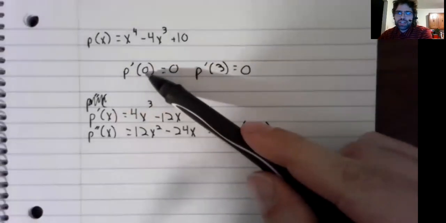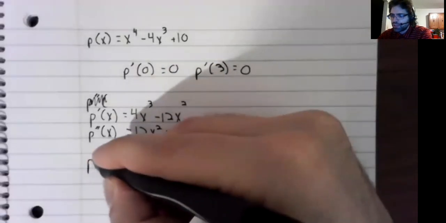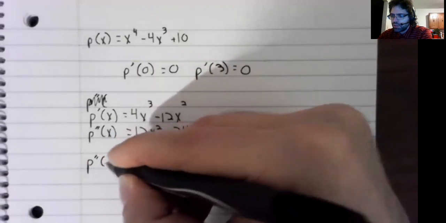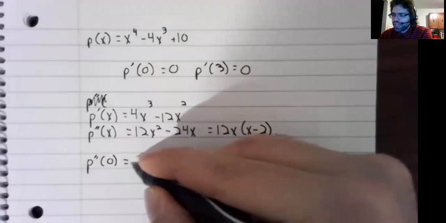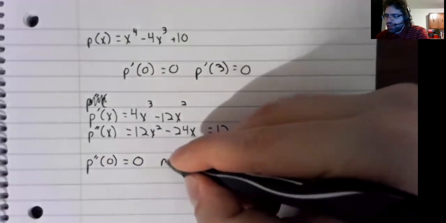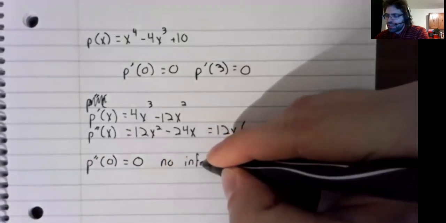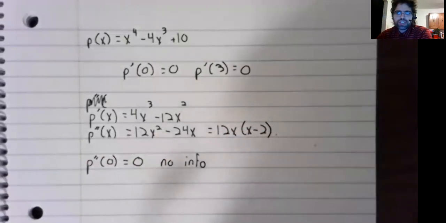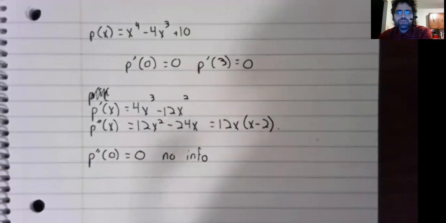And let's try to classify the critical value at 0. But what a shame. When you stick 0 into the second derivative, the test fails. We get 0, and that gives us no information.